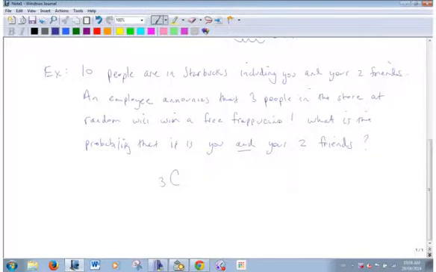So you got 3 people, you and your friends, and you're wondering if all 3 of you are going to win. 3 choose 3. Okay, that would be a favorable outcome, according to the wording of this question, right? You and your friends all win, all 3 of you. What are the total possibilities here? Well, there's 10 people, and they're still going to choose 3 winners.